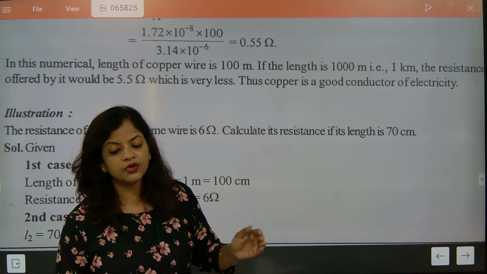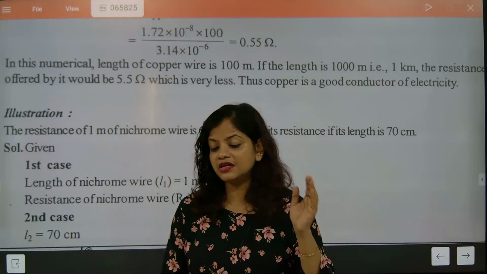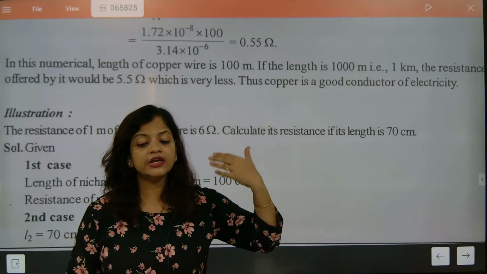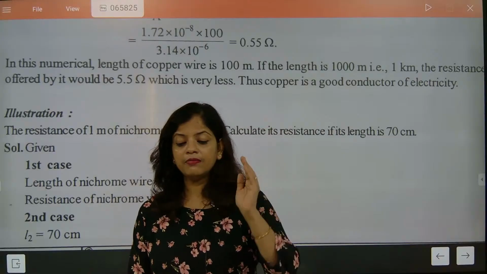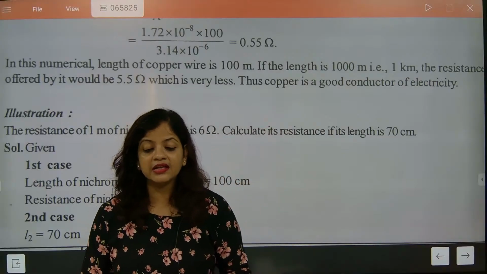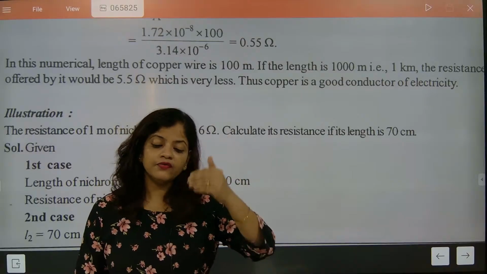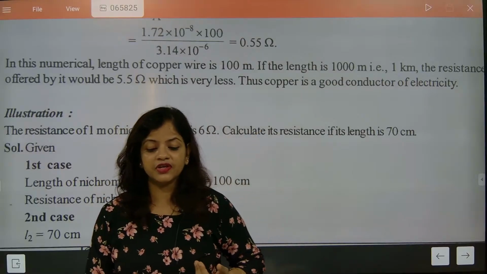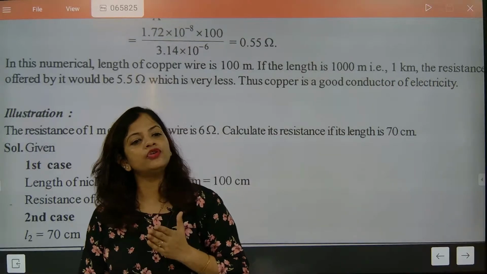It is not conducting electricity, it is converting it into heat. The main purpose of nichrome alloy or manganese or constantan is to produce heat. Understood? The wire which has very high resistivity will get heated up because it will not allow current to flow uniformly.